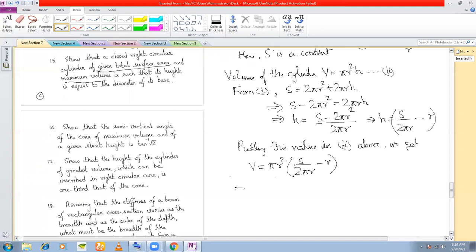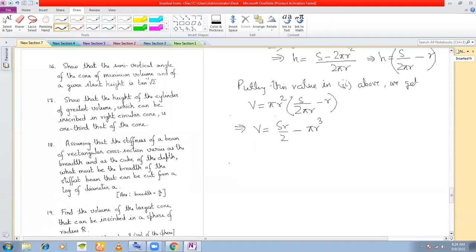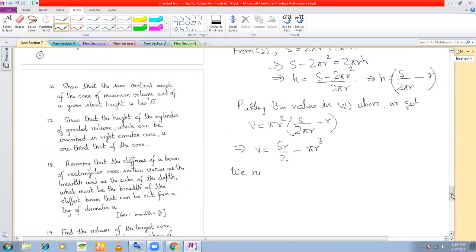Okay, so now you can find out V as, if you multiply pi r square throughout, you get this as S r by 2 minus pi r cube. Now we need to minimize or maximize, let's see. Maximize.